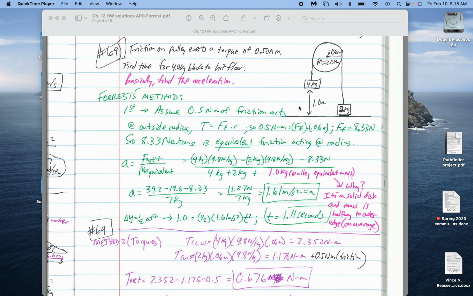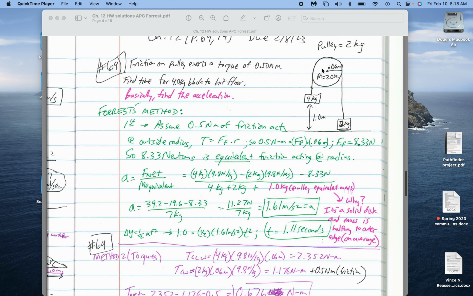So to find the time it takes this to go to the ground, we essentially need to find the acceleration. You've got 2 kilograms over here, 4 kilograms over here. You had said that there was friction exerted, so the friction caused a torque of 0.5 Newton meters. Normally this would rotate counterclockwise, so the torque is acting clockwise.